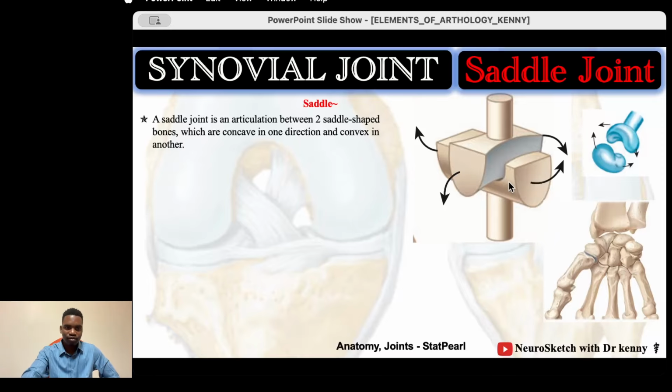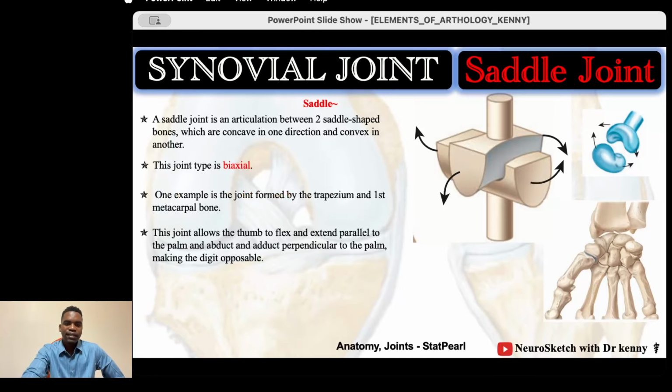So that's a saddle joint, and the saddle joint is biaxial. This bone can move here and there, but also this bone can move here and there. So we have biaxial movement.